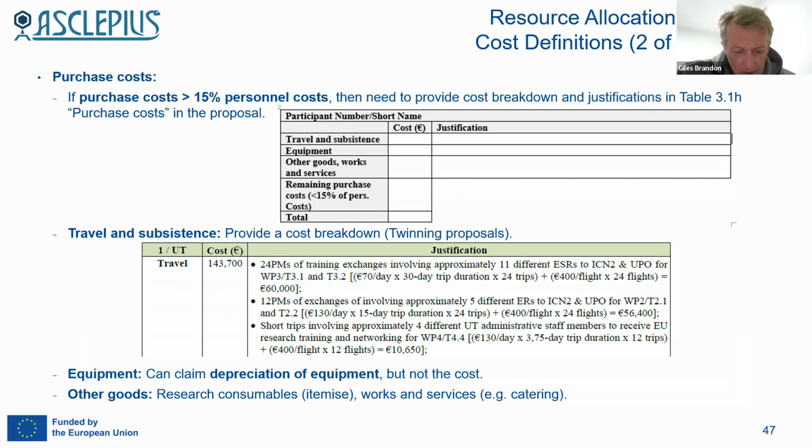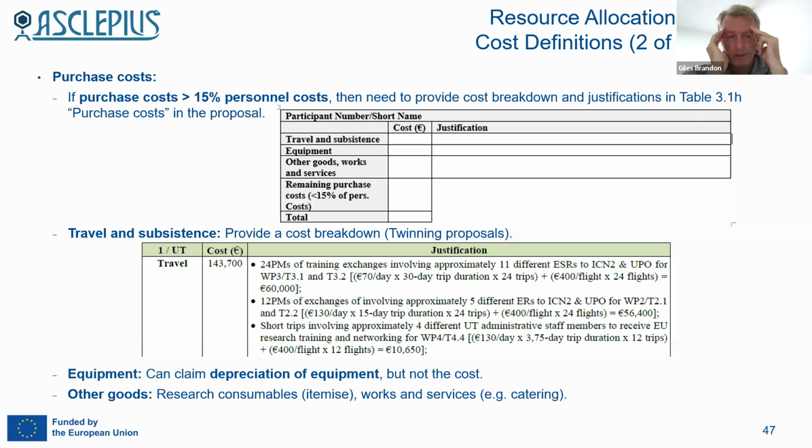The thing to understand here is if your purchase costs are above 15% of your total personnel costs, then you're going to need to give an itemized breakdown of those costs, and you'll have to put it in this table 3.1H that you see here. On the other hand, if your purchase costs are below this 15%, you don't have that requirement. You don't need to give such a breakdown.